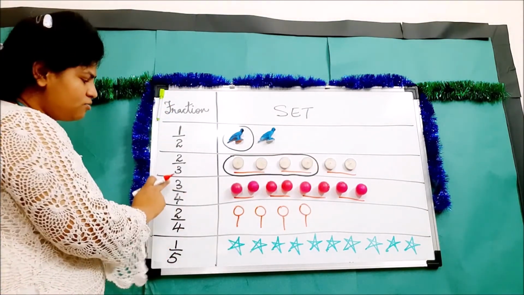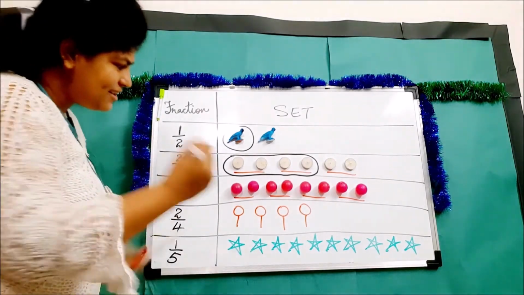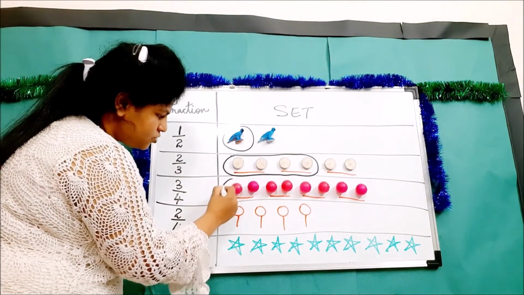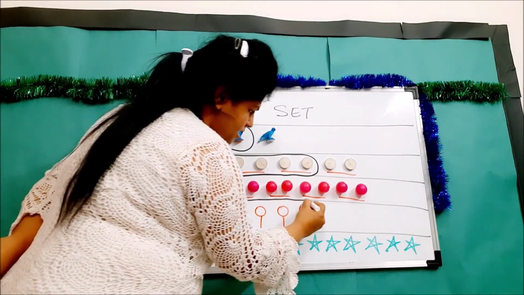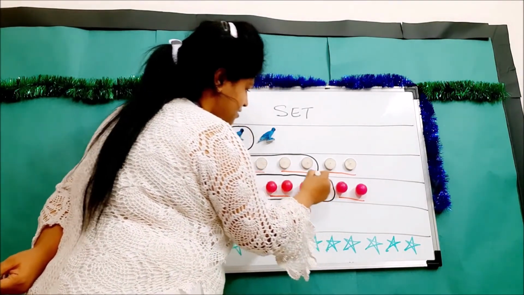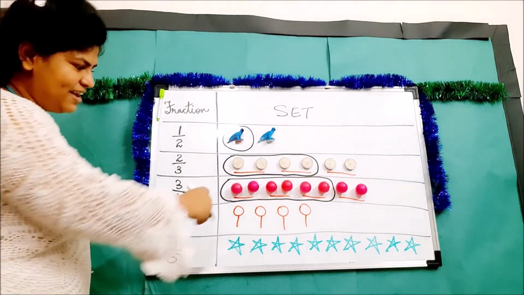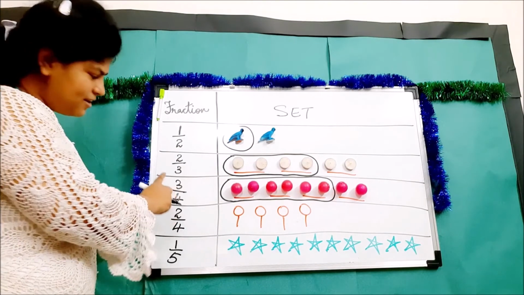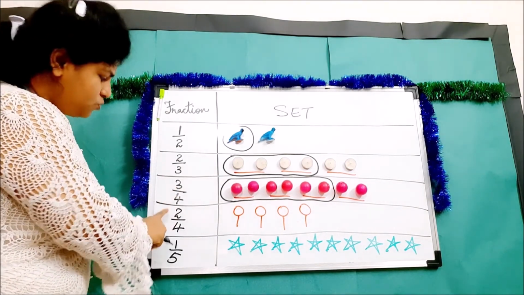And then numerator says 3. So let's select 3 pairs. So these 3 sets, 1, 2, and the third one. This is how I get my 3 sets. Clear? 3/4.